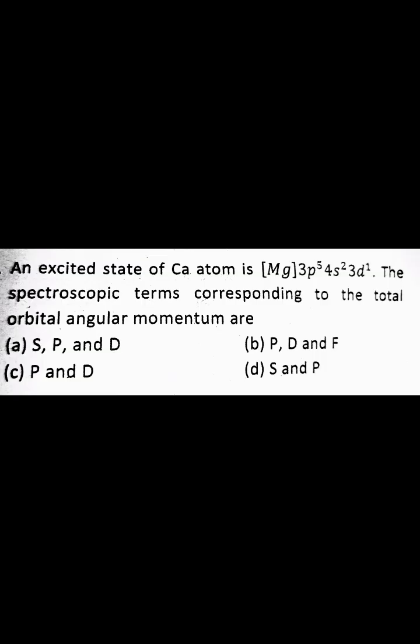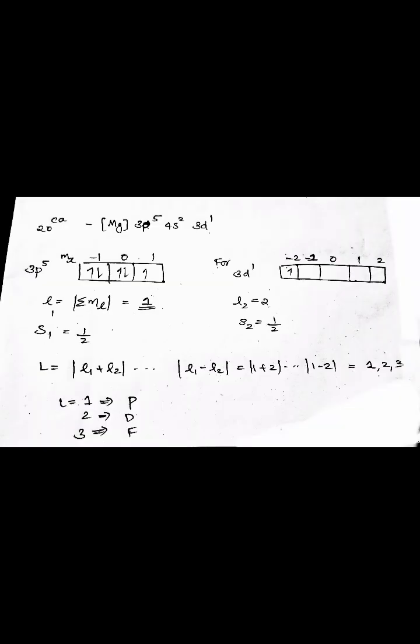The next question is, an excited state of Ca atom is Mg 3p5 4s2 3d1. The spectroscopic term corresponding to the total orbital angular momentum are. The electronic configuration of calcium is Mg 3p5 4s2 3d1. For 3p5, L is equal to summation over Ml is equal to 1, and there is only one unpaired electron present here, so S1 is equal to half.